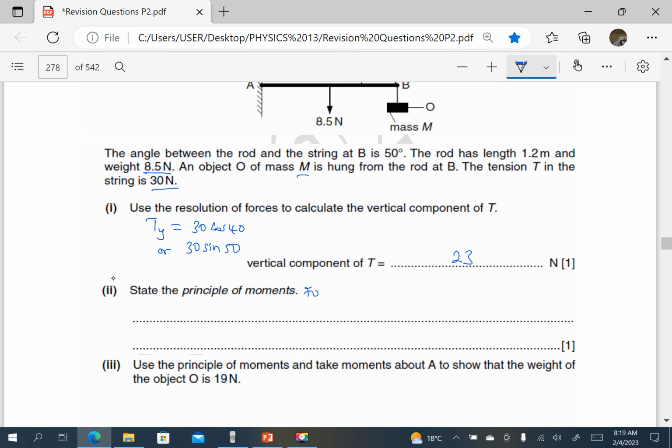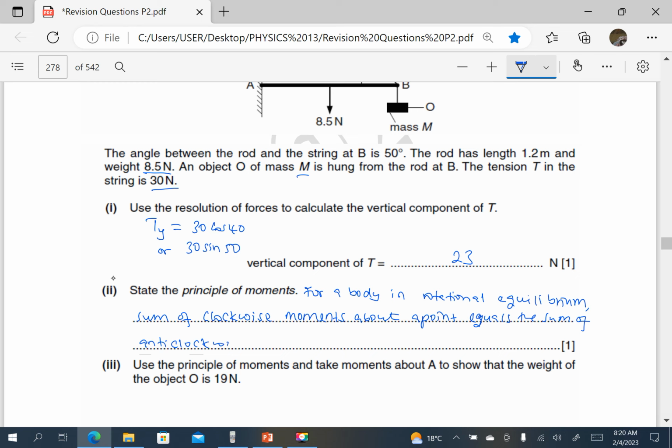So I'll simply say for a body in rotational equilibrium, the sum of clockwise moments about a point equals the sum of anti-clockwise moments about the same point.